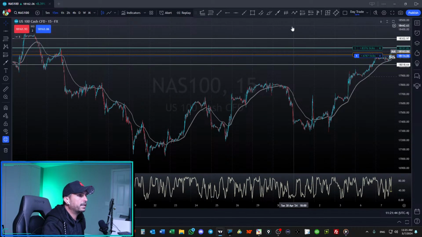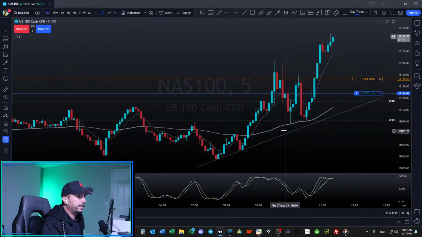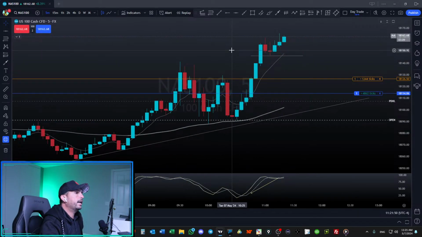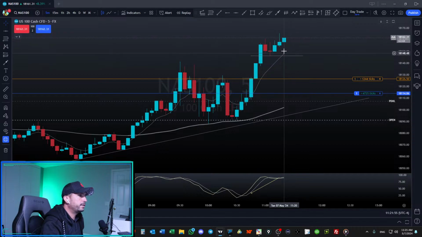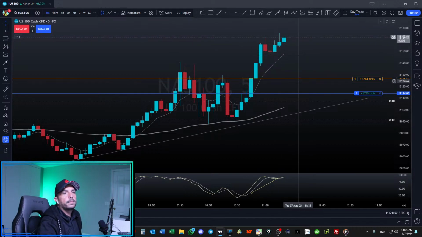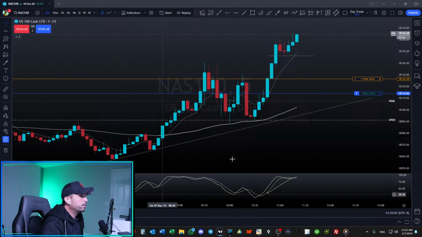Next trade goes back to that, so that's NASDAQ. Waiting to see if that's going to move. Following, I like the 8 moving pretty nice. So NASDAQ, it's moving.